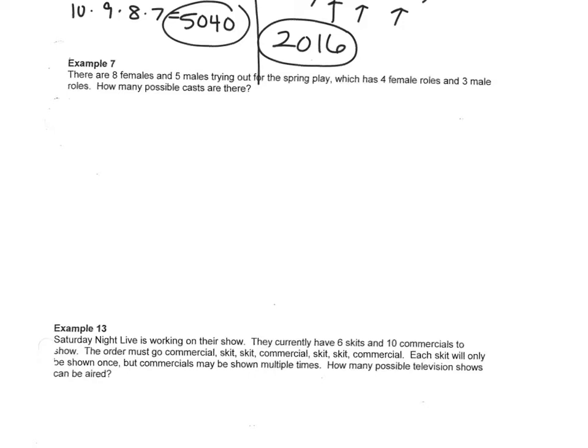Let's see, so there are 8 females vying for 4 female roles, and there are 5 males going for 3 male roles. So first I would say, okay, we got to pick 4 females.